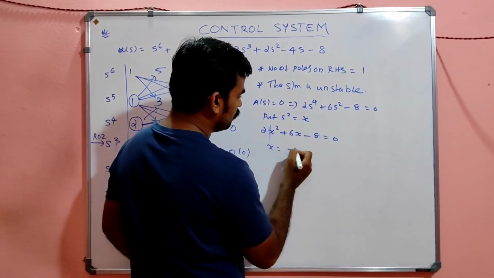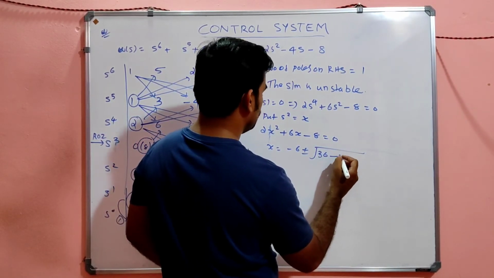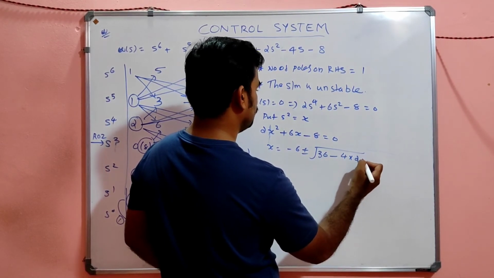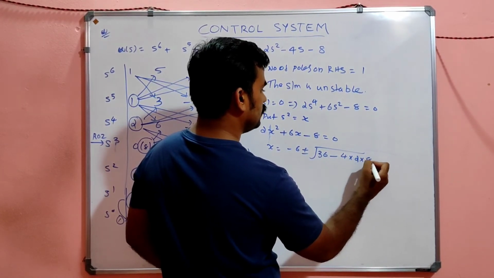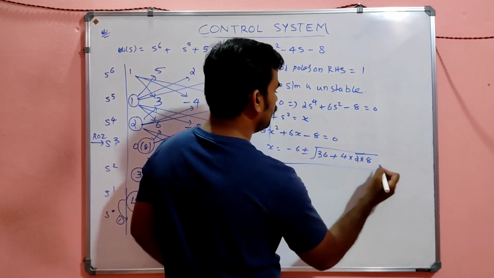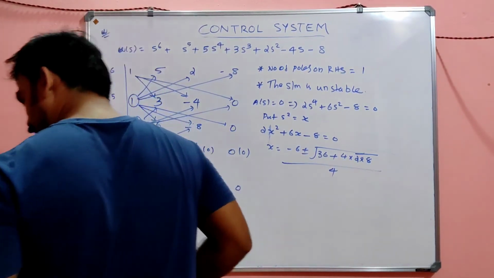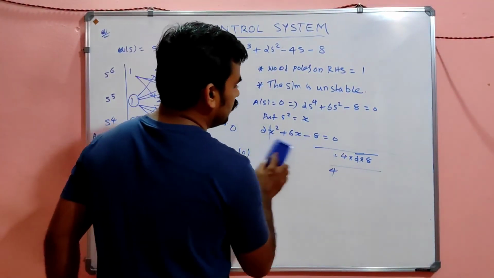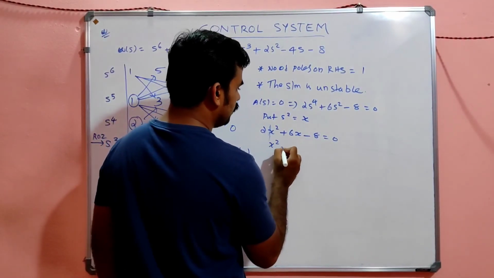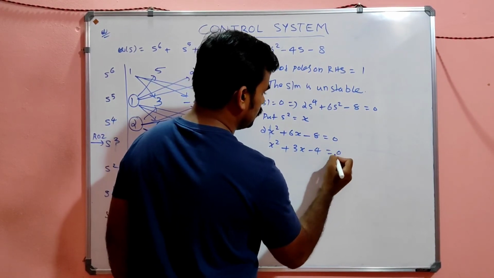So x will be equal to minus 6 plus or minus root of 36 minus 4 into 2 into minus 8, so it will become plus 8, whole divided by 4. Again you can simplify this. By taking 2 outside, it will become x square plus 3x minus 4 equal to 0.